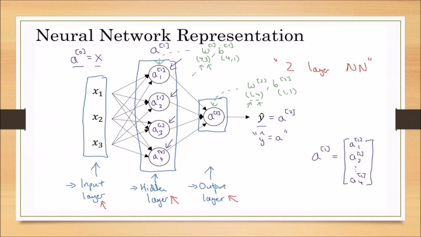Similarly, the parameter matrix here is now 1 by 4. The rows are represented with this layer, and columns are represented with the previous layer. This is how we represent a neural network by using the parameter matrix W.